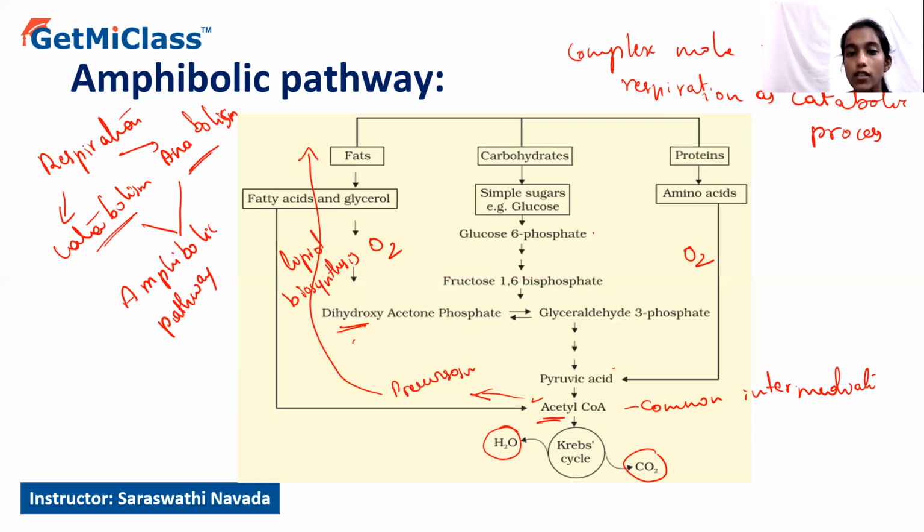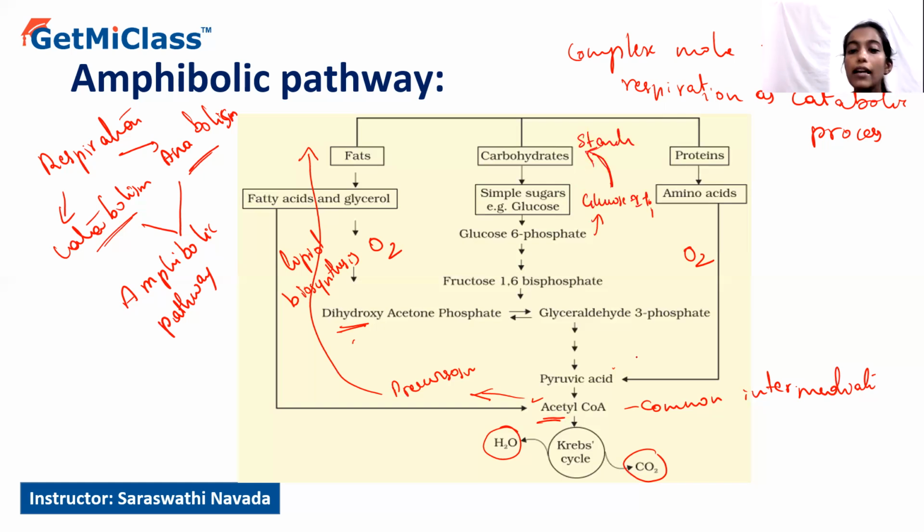This glucose 6-phosphate can in turn be converted into glucose 1-phosphate, and further this glucose 1-phosphate can be used in the synthesis of starch. So the same glucose molecule, which is formed upon the breakdown or as an intermediate of glycolysis, is used in the biosynthesis of complex carbohydrates also.